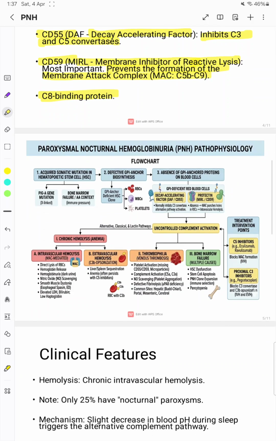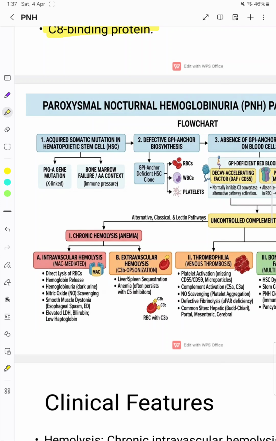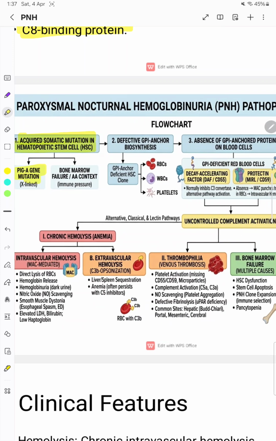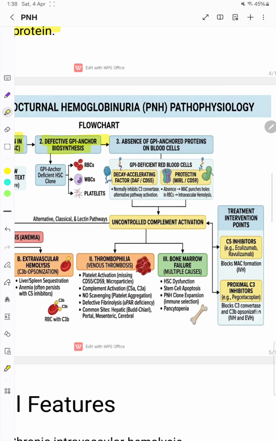So this is the flow chart of PNH pathophysiology. As we have discussed, this is an acquired somatic mutation in the hematopoietic stem cell in the PIGA gene, and this will result in defective GPI anchor proteins and ultimately absence of the GPI-anchored proteins on the blood cells.